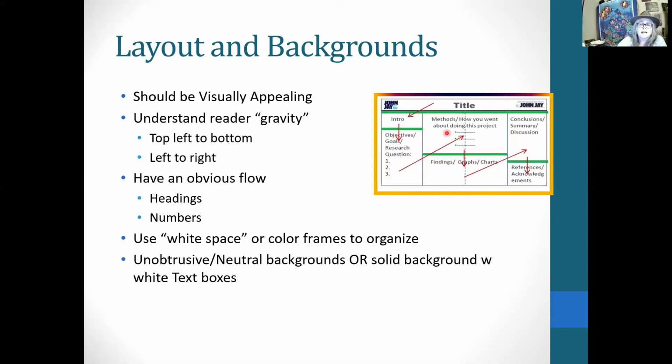That's why people put like A, B, C, and D, to make sure that people don't get lost when reading your poster. So if you're going to get creative in the middle, label it somehow so people know what to read in what order if you're not there. But yeah, have the obvious flow in headings. There's your white space. Try not to have excessively obtrusive backgrounds like giant pink mouth and teeth.